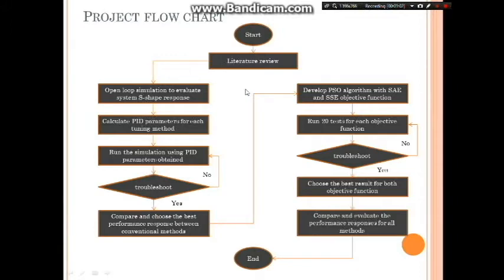The project flow chart shows the overall methodology of the project. After the literature review, we need to simulate the open loop of each of Ziegler-Nichols and Cohen-Coon to evaluate the system's S-shaped response to find Kp, Ki, and Kd for each conventional method.